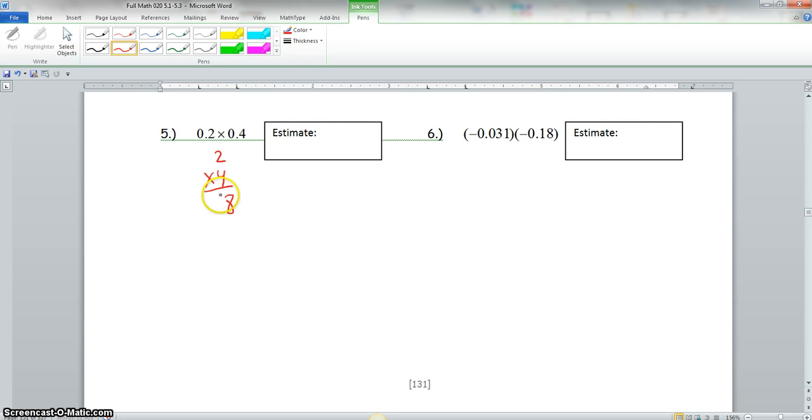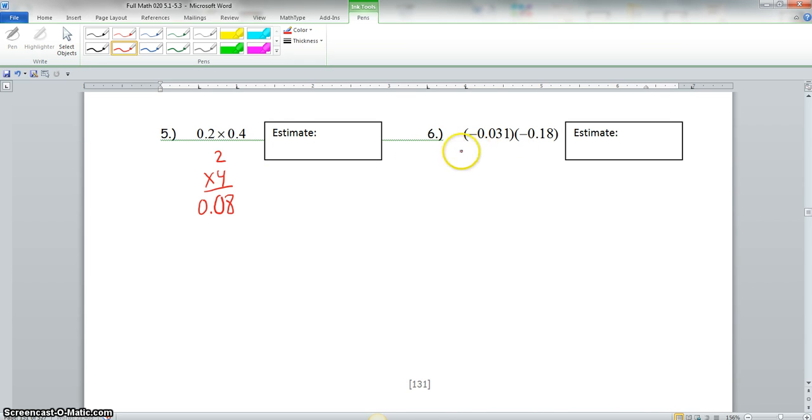So what we will have to do is add a 0 in front of this digit in order to give us the amount that we need behind the decimal. So now we put our decimal here, and we put a digit in front of the decimal. So we have 0.08. Remember, when you do not have enough digits in your answer, you must put the zeros in front of the number, not behind.